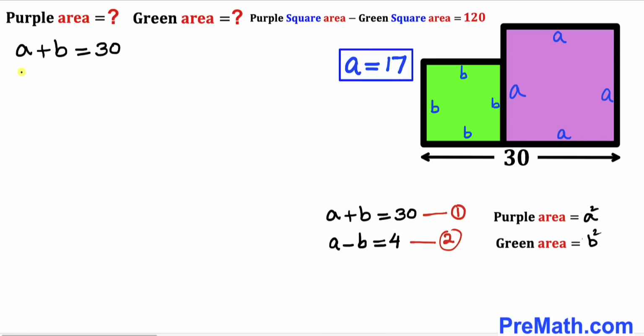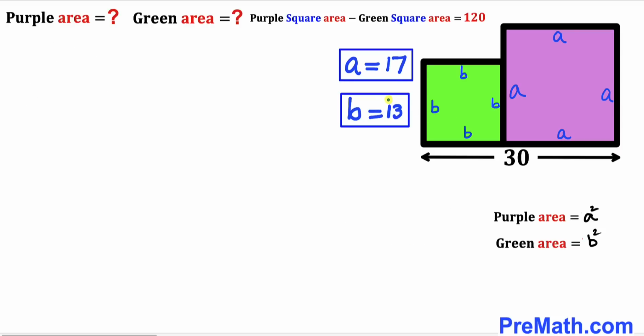This equation becomes 17 plus b equals 30. Now I'm going to subtract 17 from both sides to isolate b. Here we can see they cancel each other out, so our lowercase b value turns out to be 13 units.